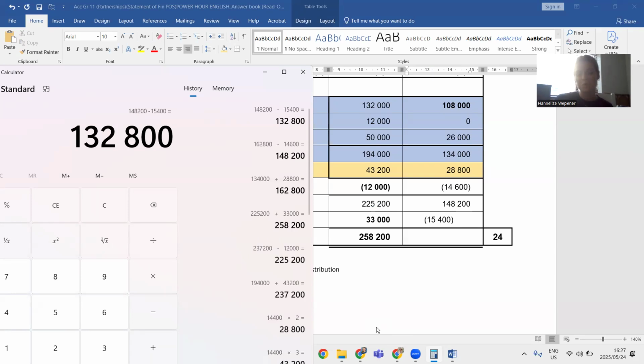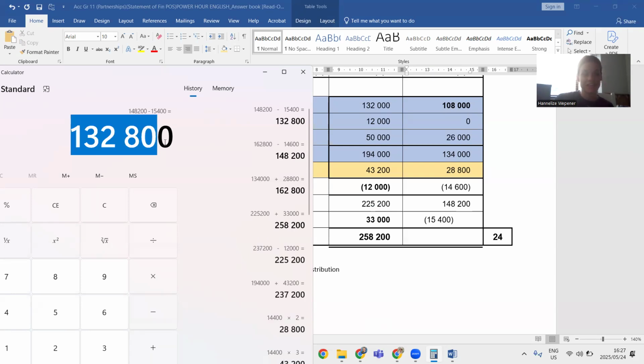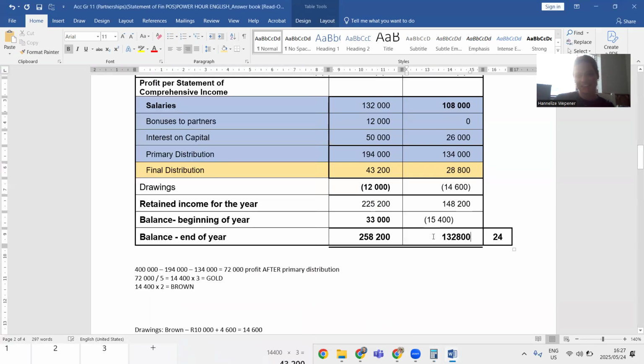So she took more out of the account last year than what she actually earned. So minus that to see what she ended on at the end of the year. So 132,800. So in the SFP itself, we will then add these two amounts to see the amount that will be in the current accounts on the face of the SFP.